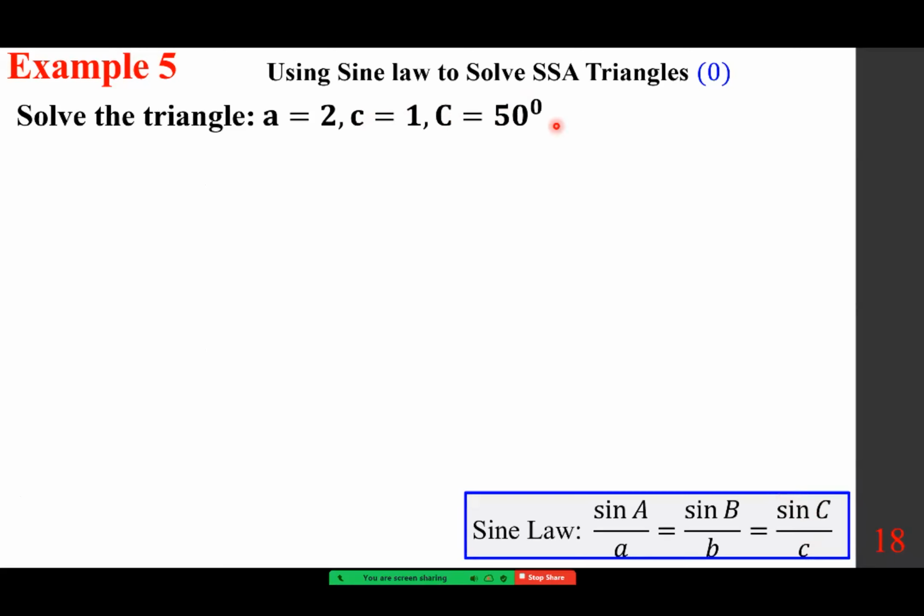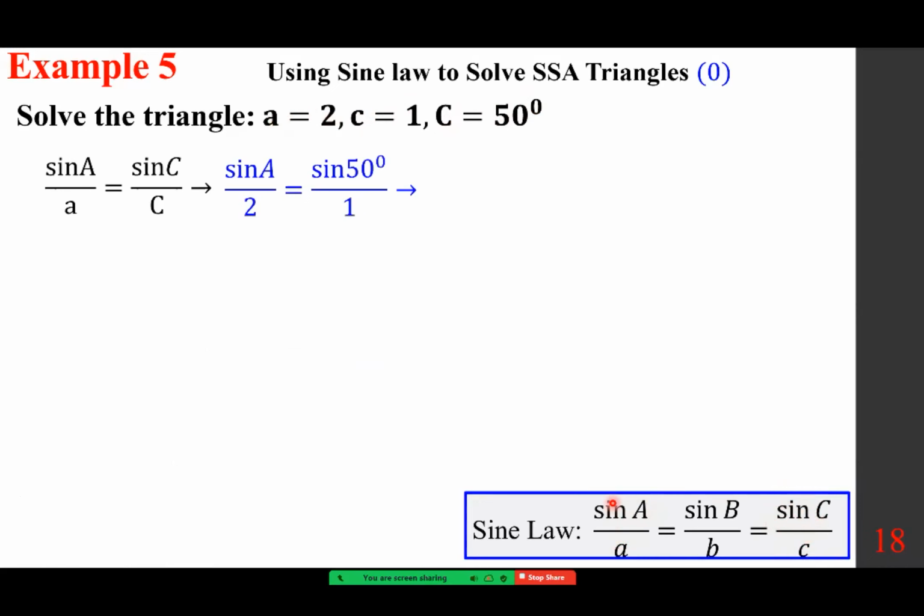So sine of 50 over 1, if you will. And we have sine A over a. So we're going to use that part because those are the givens. So all you have to do is look at what's given and pick the two that work. So sine A is missing.